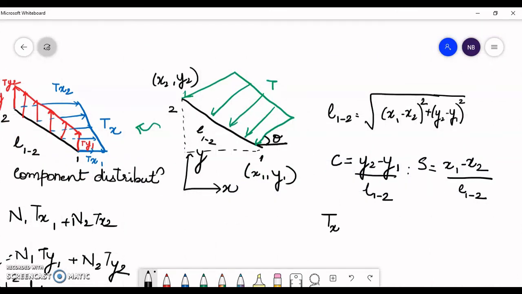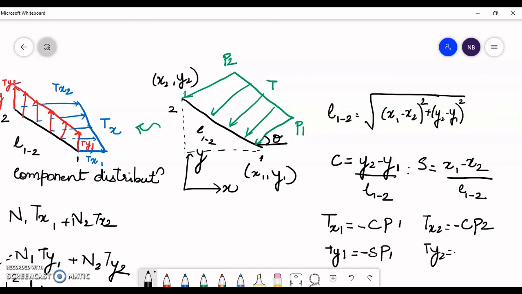Next, the traction force in the x direction at node 1 is given by minus c into P1, where P1 is the pressure at node 1 and P2 is the pressure at node 2. Tx2 is given by minus c into P2. Ty1 is given by minus s into P1 and Ty2 is minus s into P2.